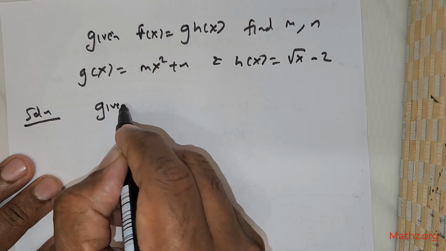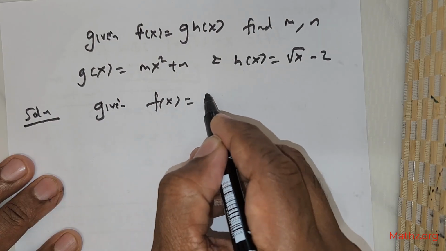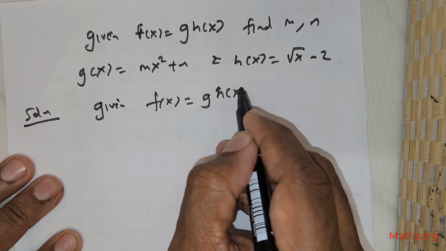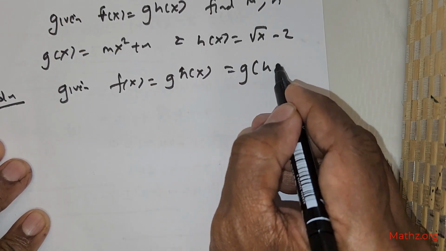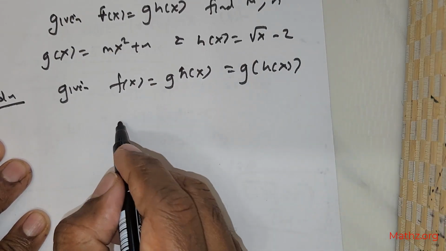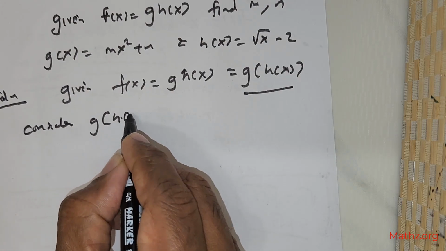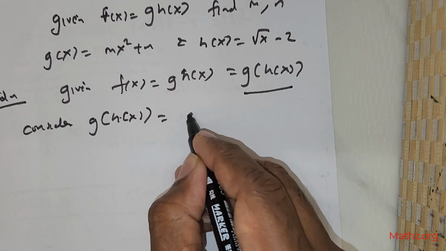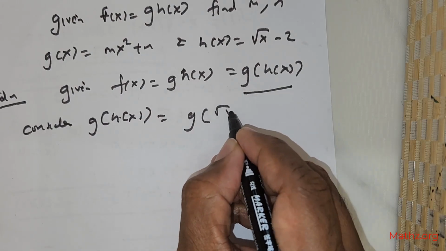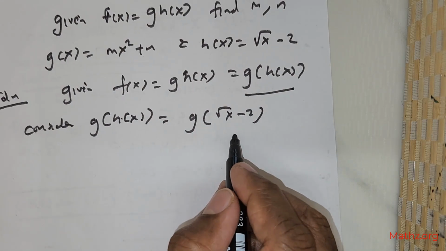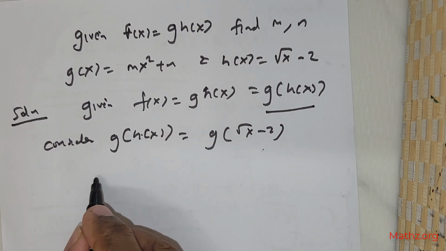The solution: given f of x is equal to g of h of x. Now this is nothing but g of h of x. I can write it like this. So I'm going to consider g of h of x, where h of x is root of x negative 2. You take this and you substitute here.